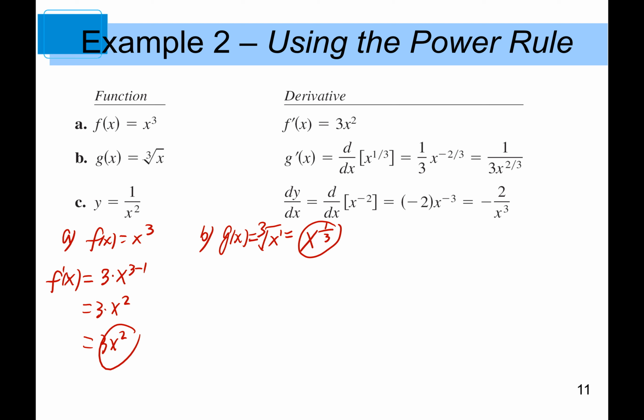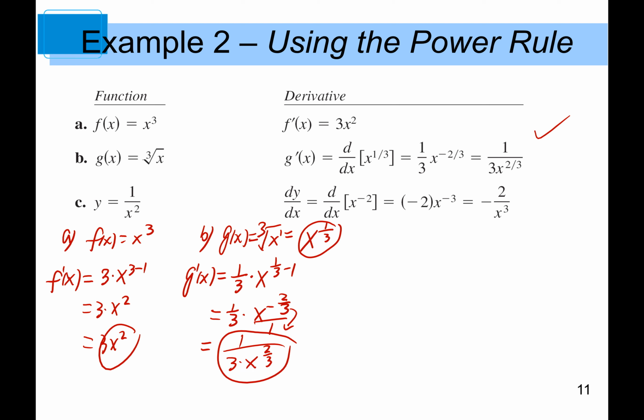Now it becomes an exponent. Next, just use the power rule: put the exponent in front and reduce the exponent by 1. So you get 1/3 times x to the negative 2/3. Then make it a fraction, flip the exponent to the denominator, so it becomes 1 over 3 times x to the 2/3. Okay, that matches what we have here.